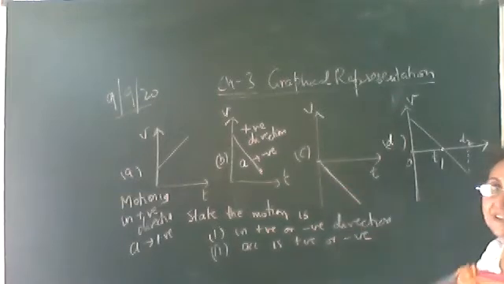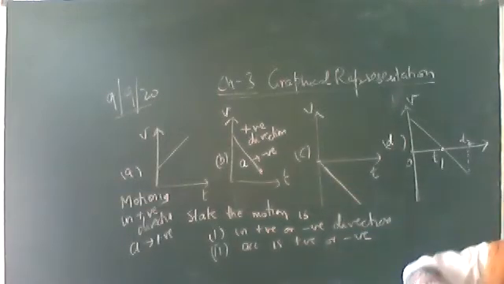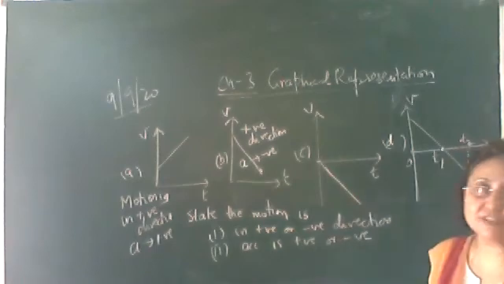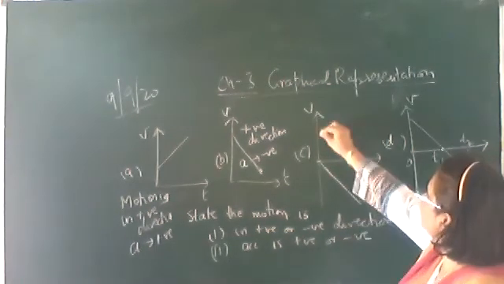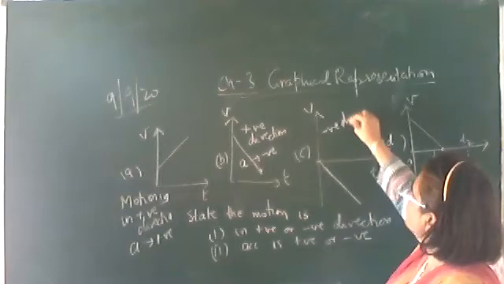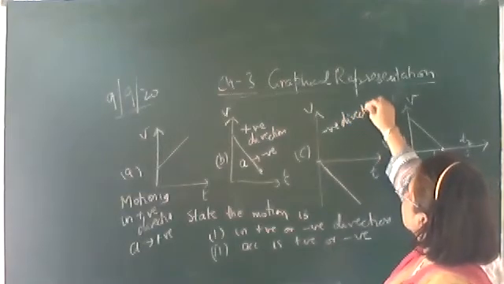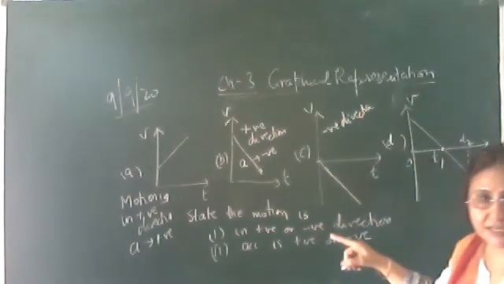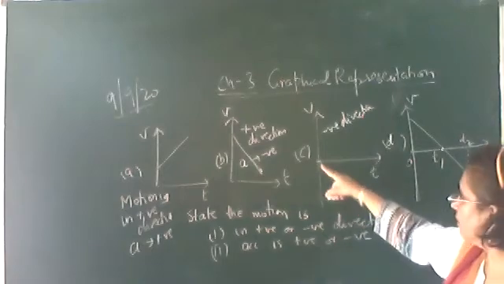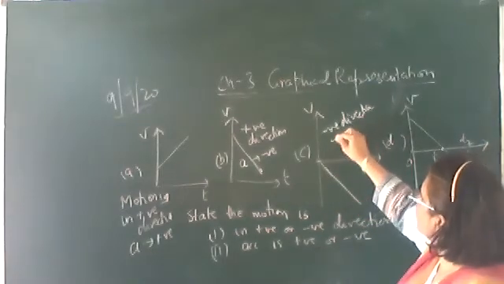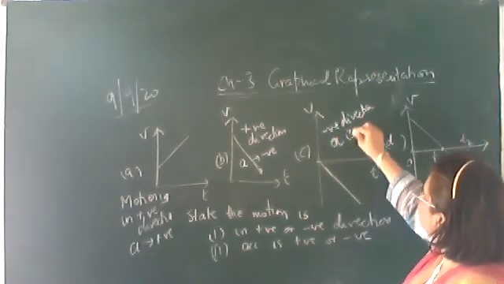Here you see that velocity is along negative v-axis. So the motion is in the negative direction. And what about the acceleration? The velocity is decreasing with the time, so the acceleration is also negative.